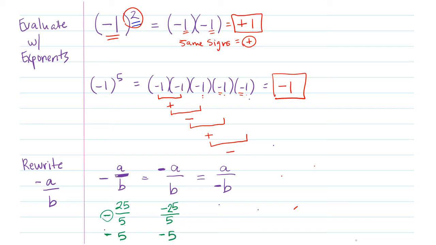Or if I had positive 25 and I put the negative sign on the bottom, then I would have negative 5. A positive divided by a negative is a negative, and 25 divided by 5 is still 5. So any way you look at it, the answer is negative 5. Okay, moving on to the next slide.